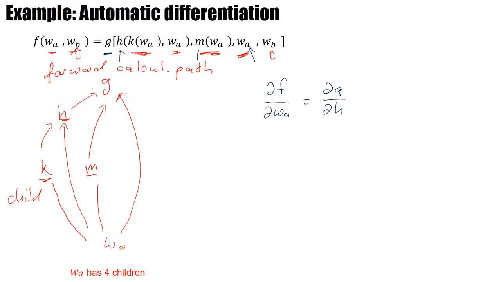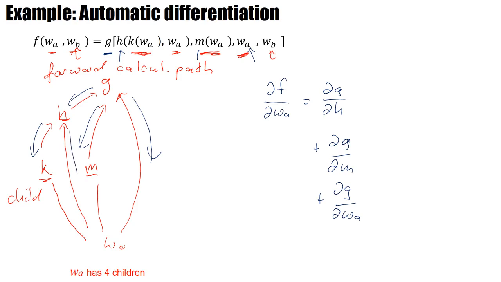So basically, we have to now go backwards. So dg/dh will be 1 entry. Then I have a dg/dm, and then I have a direct dependence dg/dwa. The dg/dh, well, it depends on the K, and it depends on the WA directly.